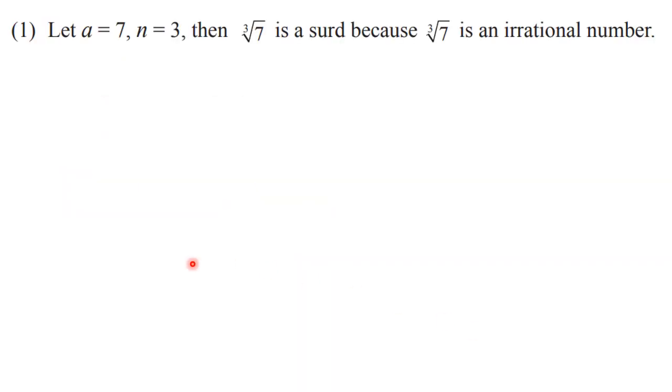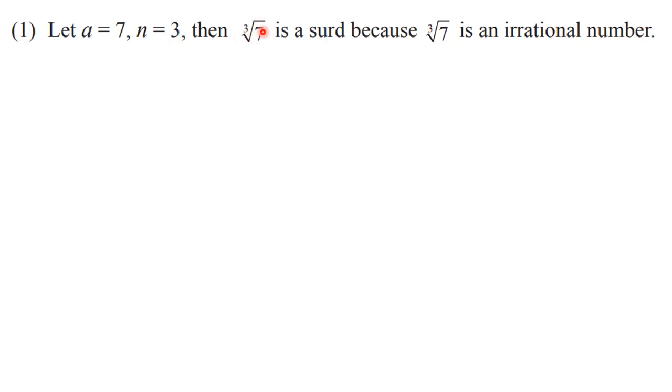The very first example here is cube root of 7. In this example, the value of a is 7, a positive real number. The value of n is 3, it is greater than 1. I said three conditions we want. This order should be greater than 1, so 3 is greater than 1.